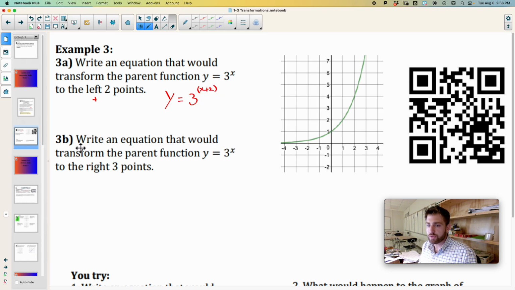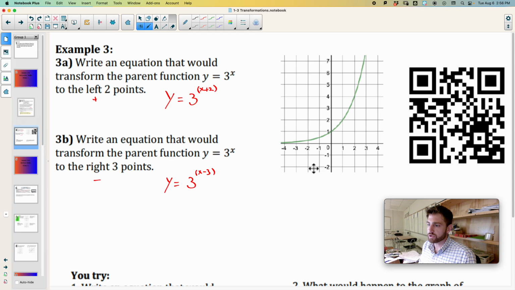All right, let's do 3b. It says write an equation that would transform the parent function y equals 3 to the x to the right 3 points. I'm going to start by writing this as y equals 3 raised to the parentheses, and I'll put x in here. Right means I'm going to the right, so you've got to think opposite. It wouldn't be positive, it would be negative. So this needs to be x minus 3, and that would shift it 3 units to the right.